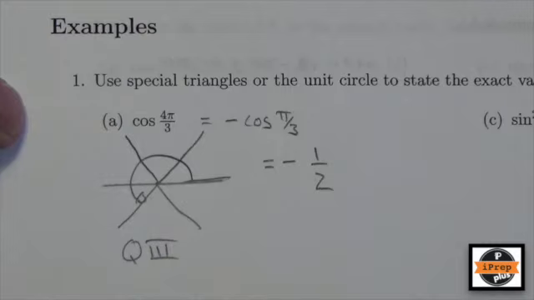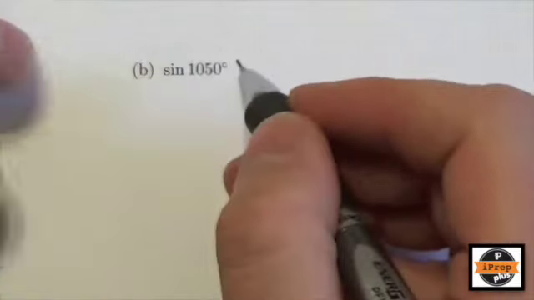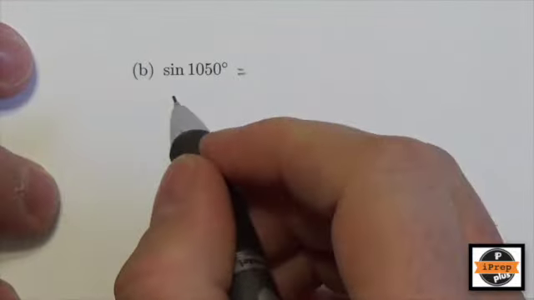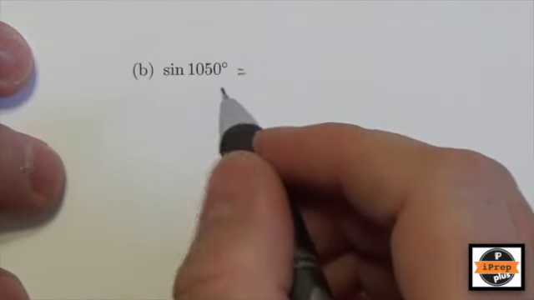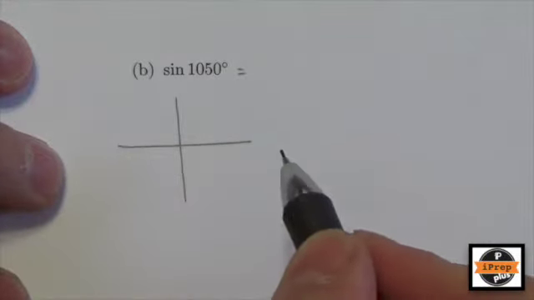Now let's take a quick look at the next one, sine of 1050 degrees. Same sort of thing here. I have to break this angle down so I can see it more clearly. Now 1050 degrees actually involves going around the circle more than once.